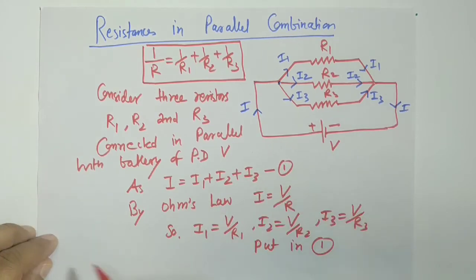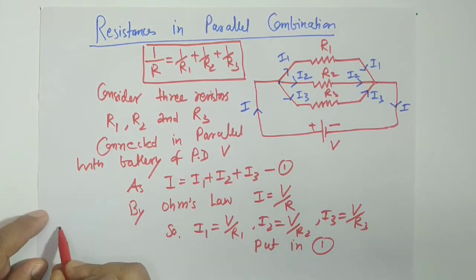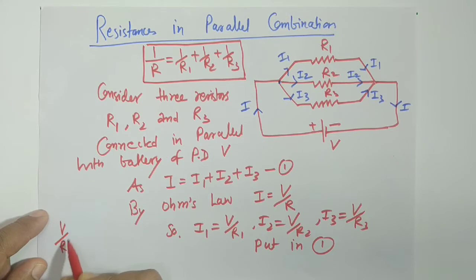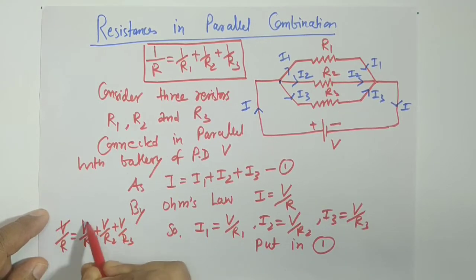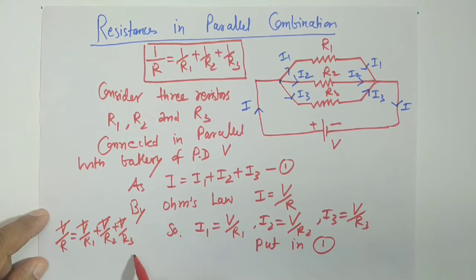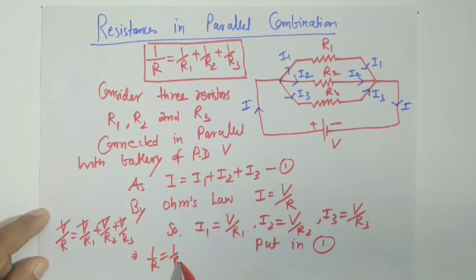When we put it in, we get V by R is V by R1 plus V by R2 plus V by R3. Got it or not? Then V cancels out and finally the result is 1 upon R is 1 upon R1 plus 1 upon R2 plus 1 upon R3.